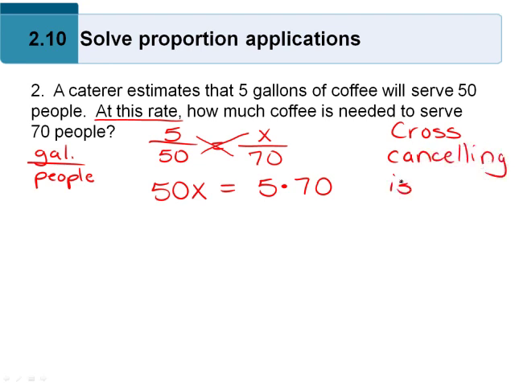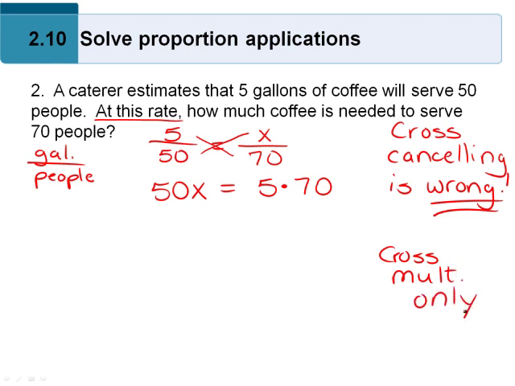It is wrong. Don't do it. You can only cross multiply. If you think the numbers look big, you get over it because you have a calculator. So don't worry about, oh, those numbers seem so big, I should cancel.